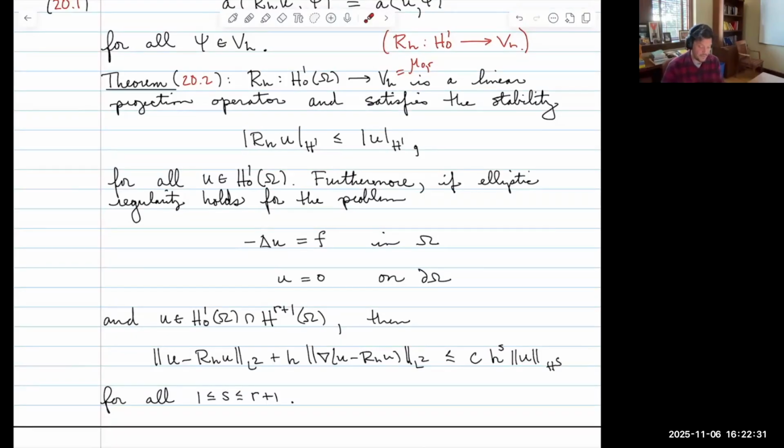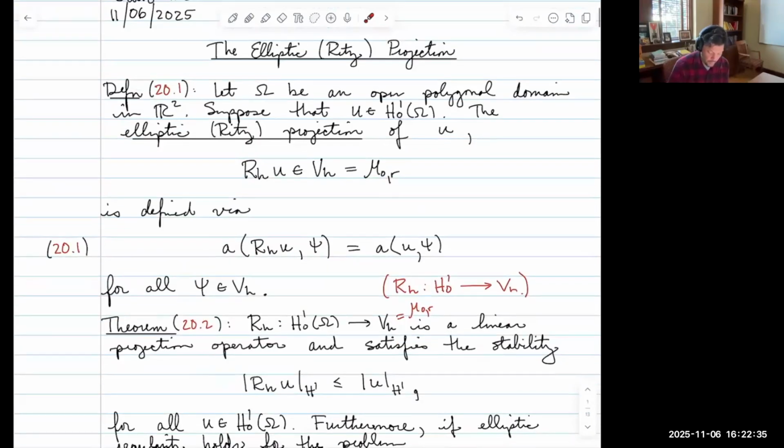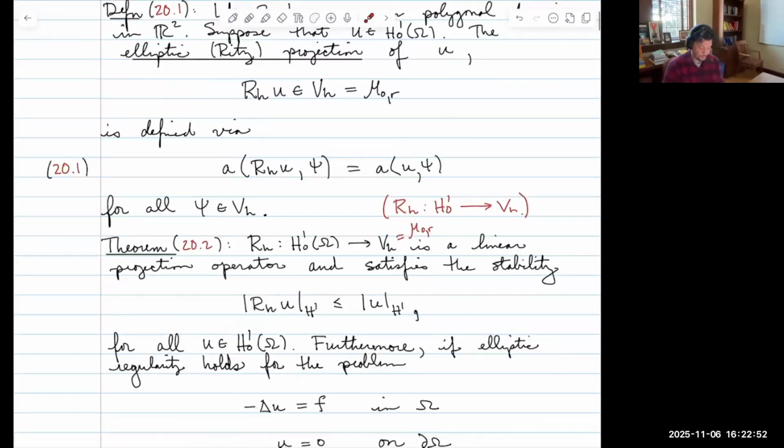Anytime we have an object like this, where the test function is from the finite element space, I can replace this object, which I'm going to see plenty of, with this object, which has some nice properties because they're exactly equivalent on the subspace.